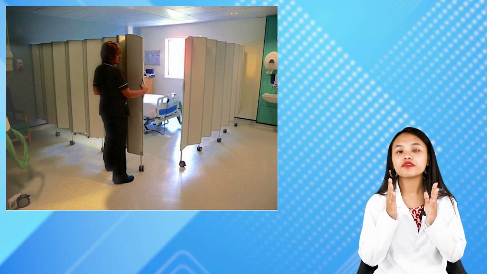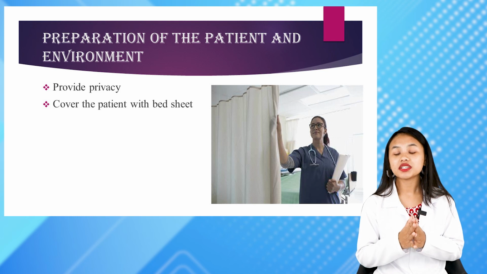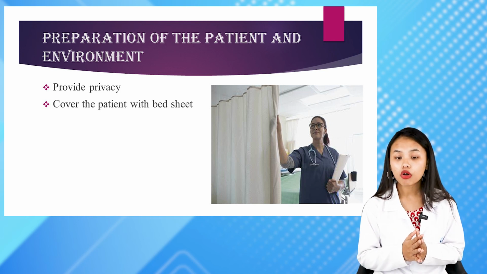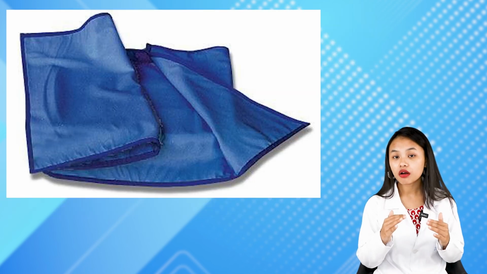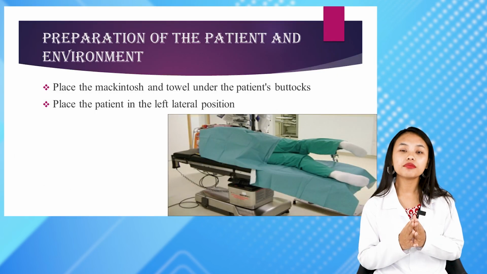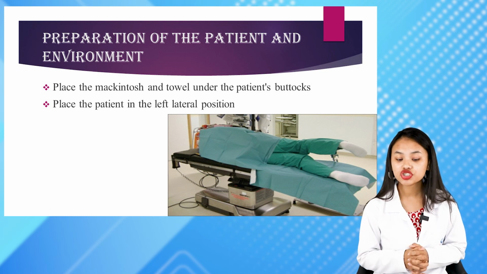You need to provide privacy to the patient. You must cover the patient with a bed sheet. You must also place a Macintosh and a towel under the patient's buttocks. You must then place the patient in a left lateral position.